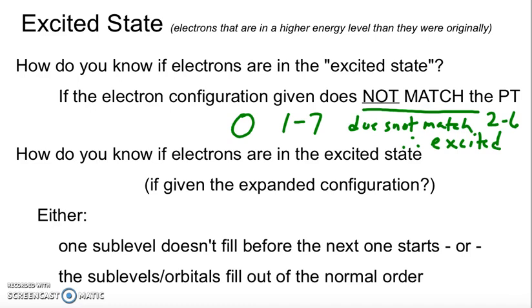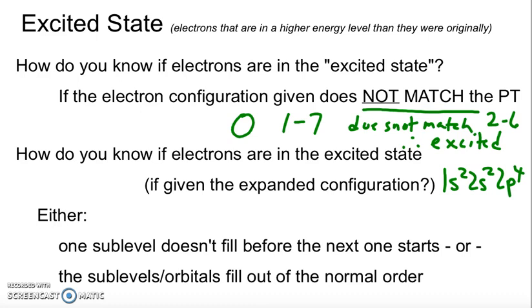So what if you are given the expanded configuration, the 1s2, 2s2, 2p4? How do you know if that's ground state or excited state? If one sublevel doesn't fill before the next one starts, or the sublevels or orbitals fill out of the normal order.